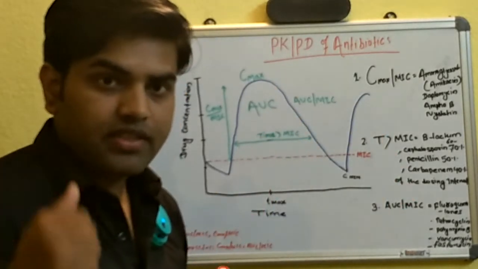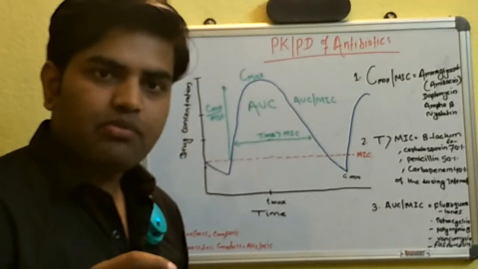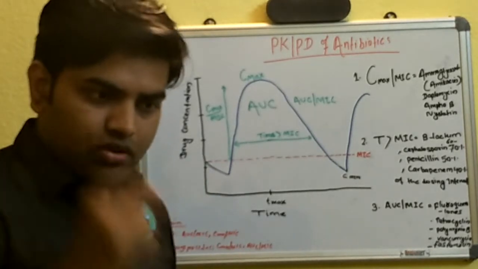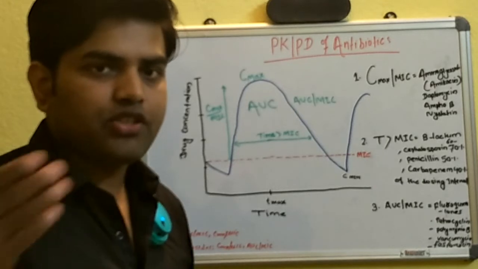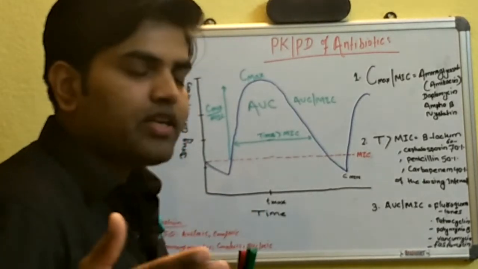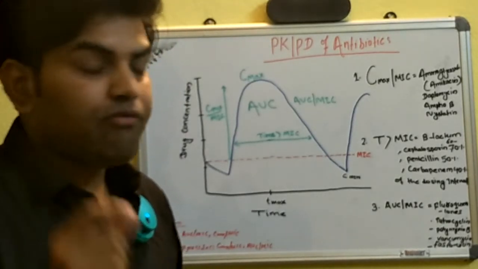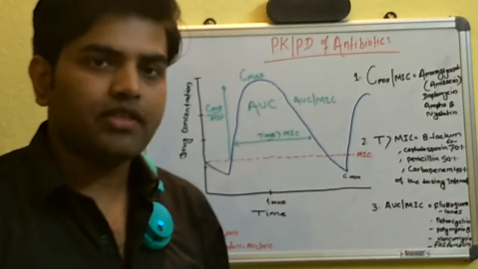But if it is less than 30, then we'll give daptomycin 6 mg per kg body weight, today, and then after 48 hours. Usually the dose is 6 mg per kg daily, but for renal adjustment you will give it every 48 hours. That is the main concept of Cmax over MIC.